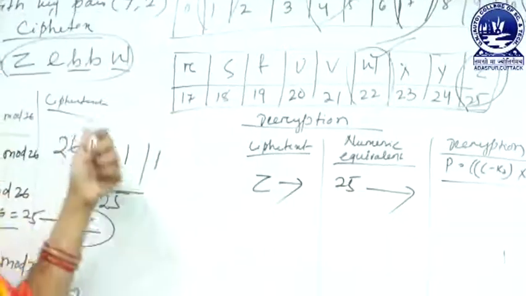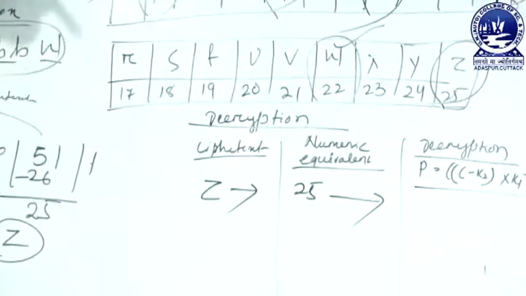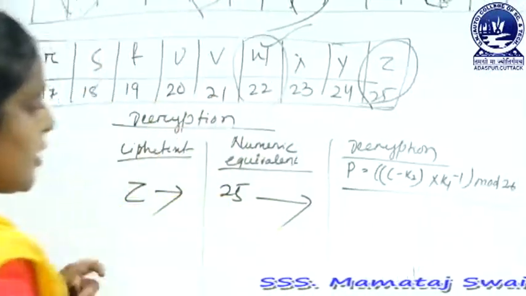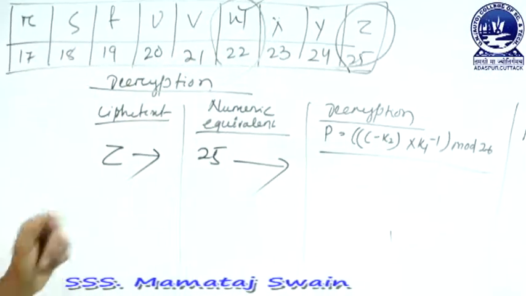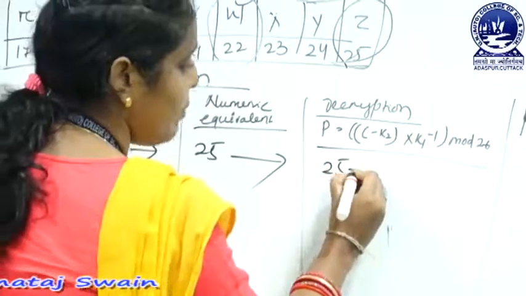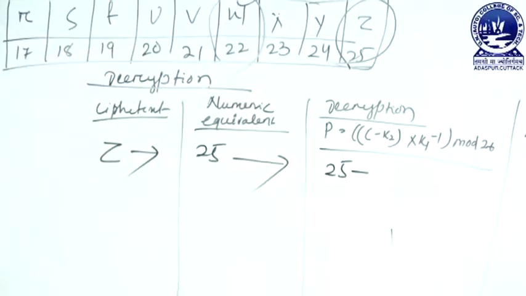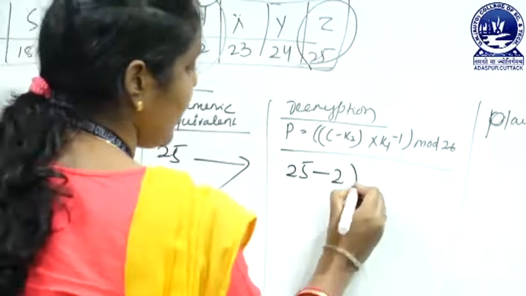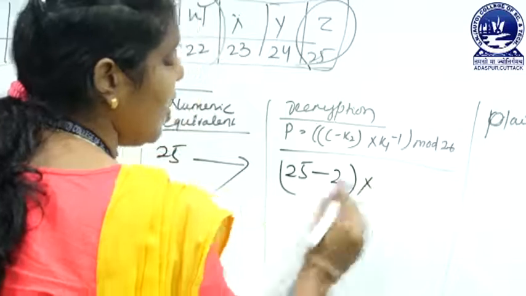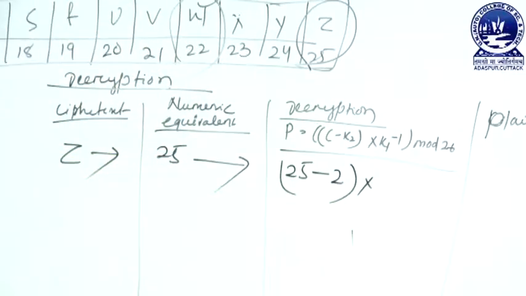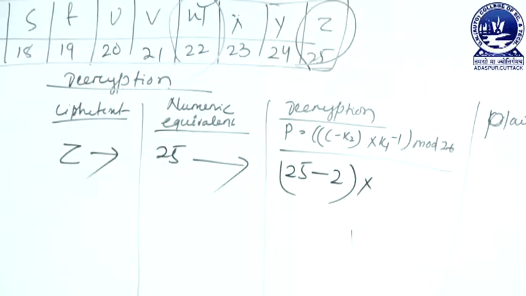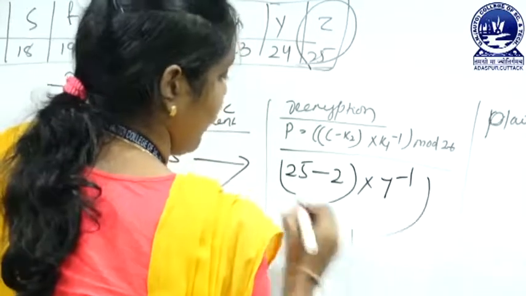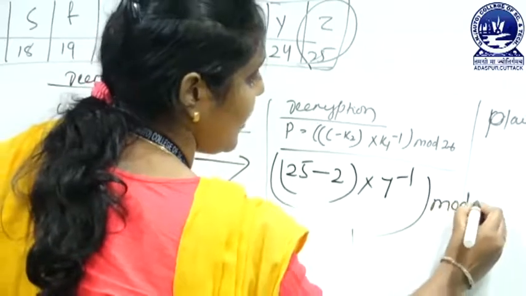Then you apply the decryption algorithm of affine cipher, that is C minus K2. Here the value of C is 25, that is 25 minus K2. Here the K2 value is 2. That means 25 minus K2 into K1 inverse. Here K1 is 7. That means 7 inverse mod 26.